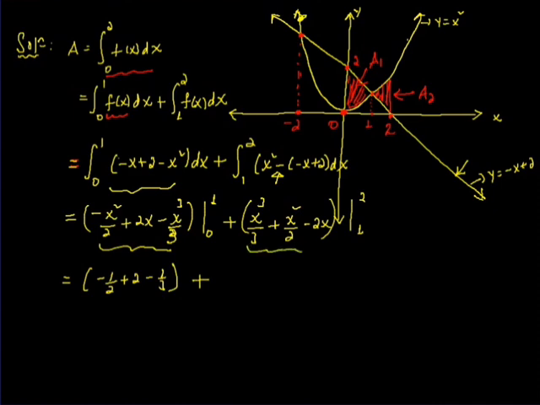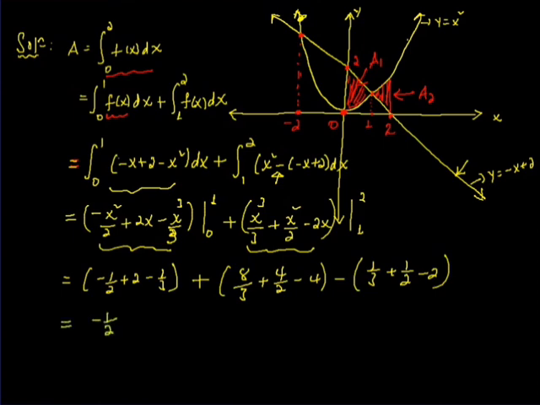Then when we go to the second bracket, we substitute 2 first, then 2 cubed, which is 8 over 3, plus 2 squared is 4 over 2, minus 2 times 2 is 4, minus substitute 1 over 3, plus 1 over 2 minus 2. Then let us evaluate all this.